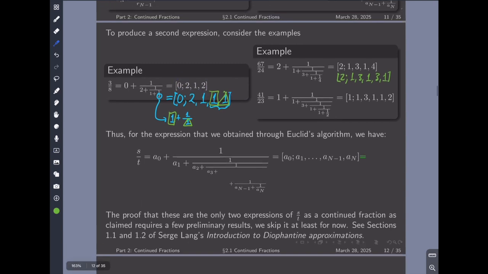Okay, which, by the way, for a negative integer, what would you do? For instance, if I say that this is always correct, let's say -3. On the one hand, -3 is just -3, because a0 can be negative, or otherwise, -4 plus 1 divided by 1.